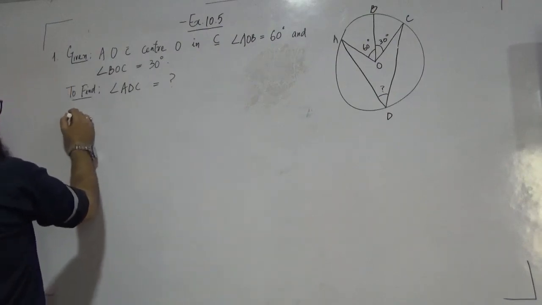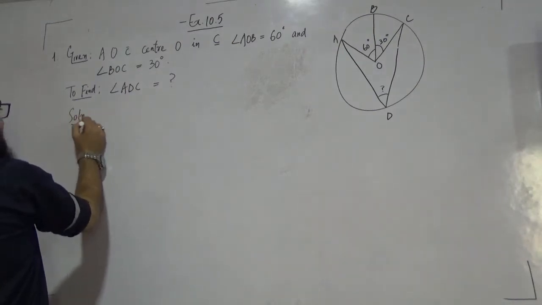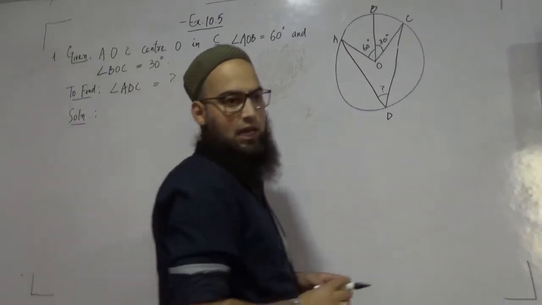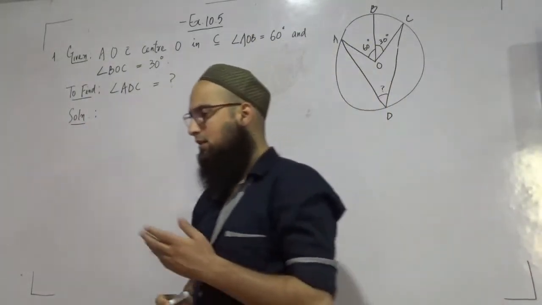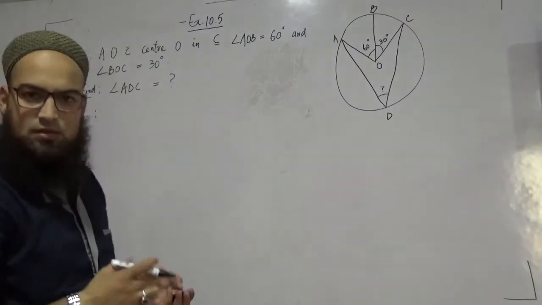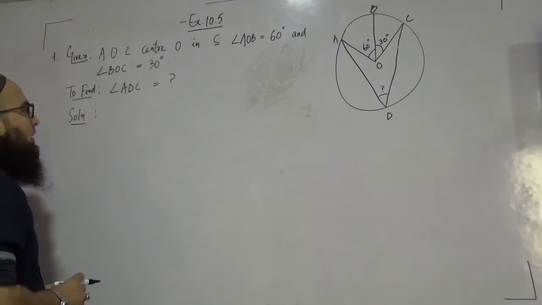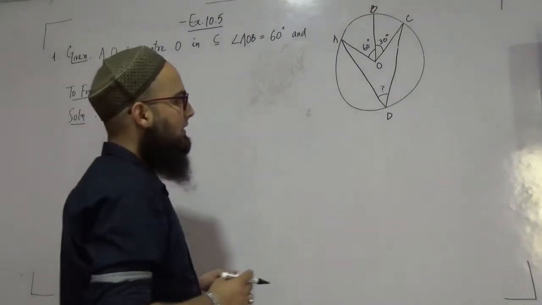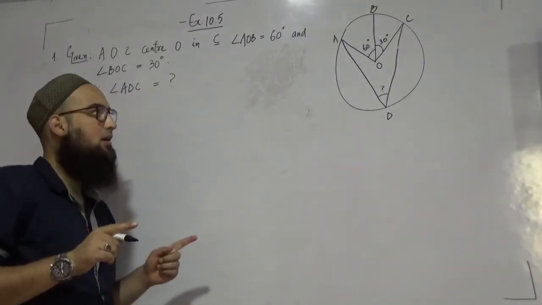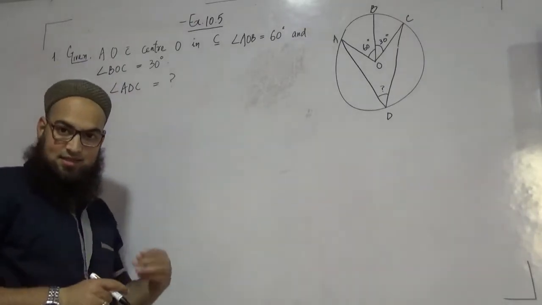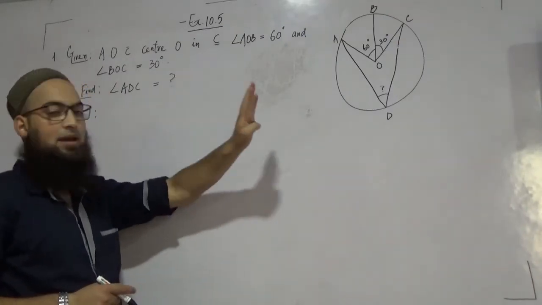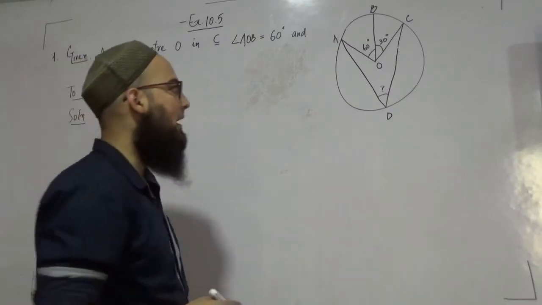See, what we can do, we have done that in the theorem, I guess it was theorem 10.6 or so. We know that the angle subtended by an arc at the center is double the angle subtended by it at any point on the remaining part of the circle.